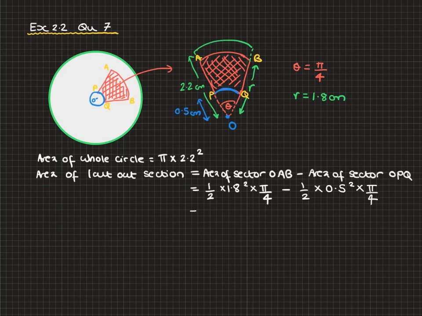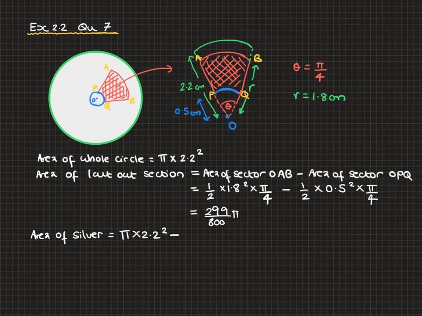And we can use this to calculate the area of one cutout section. Now this comes to 299 over 800 pi.